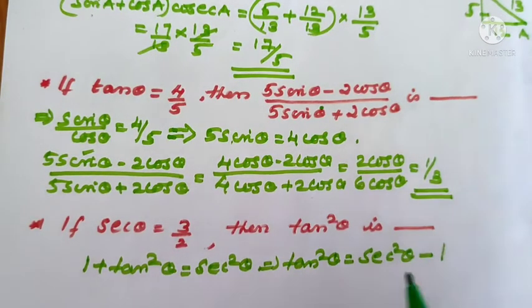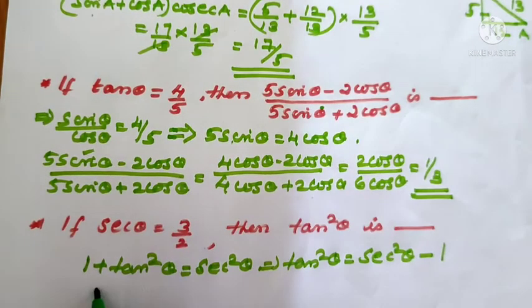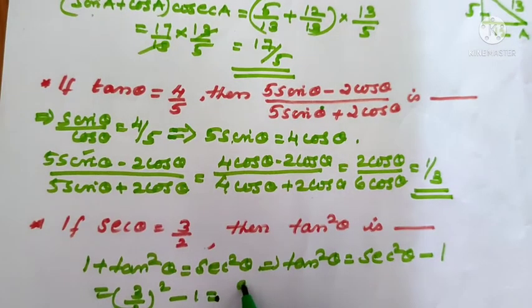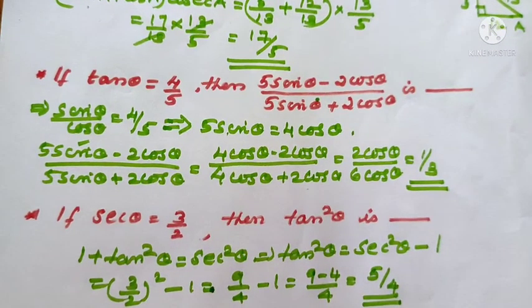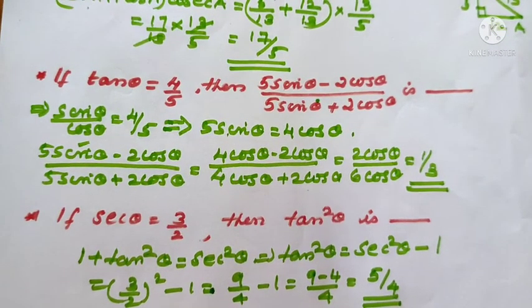Anybody who directly knows sec square theta minus 1 can write it. So what is the answer here? This is equal to (3 by 2) whole square minus 1. That is 9 by 4 minus 1. So 9 minus 4 by 4, that is 5 by 4. So like that, simple questions only. But if you know the identities and everything, you can do it easily.